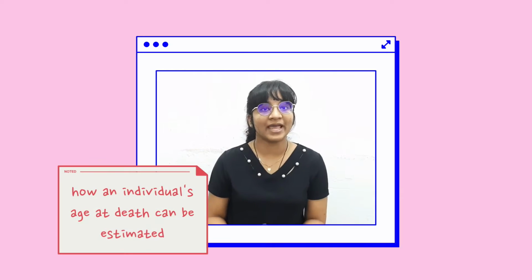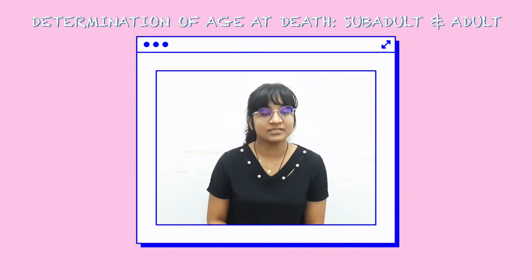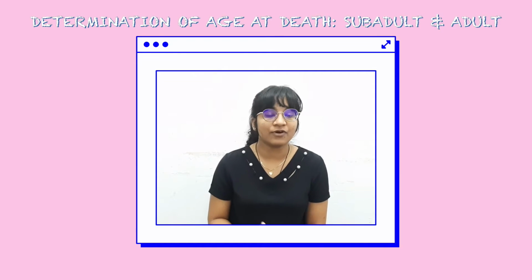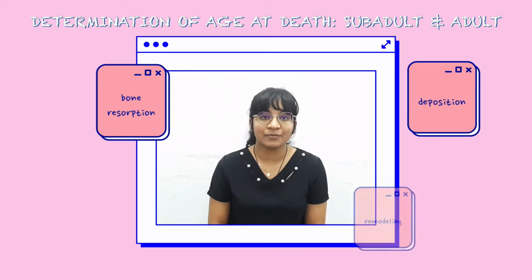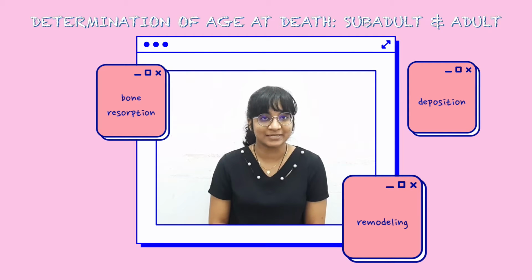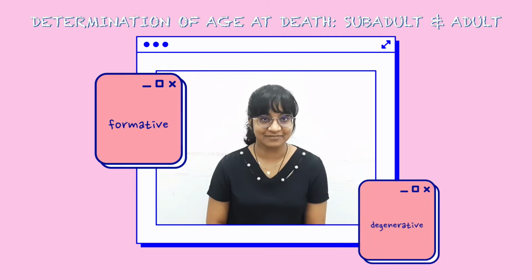Hi, in this video I'm going to talk about how an individual's age at death can be estimated. Forensic anthropologists use skeletal indicators involved in processes of bone resorption, deposition, and remodeling, which are time related, to estimate the age of an individual. There are two categories of age-related changes, which are formative and degenerative.